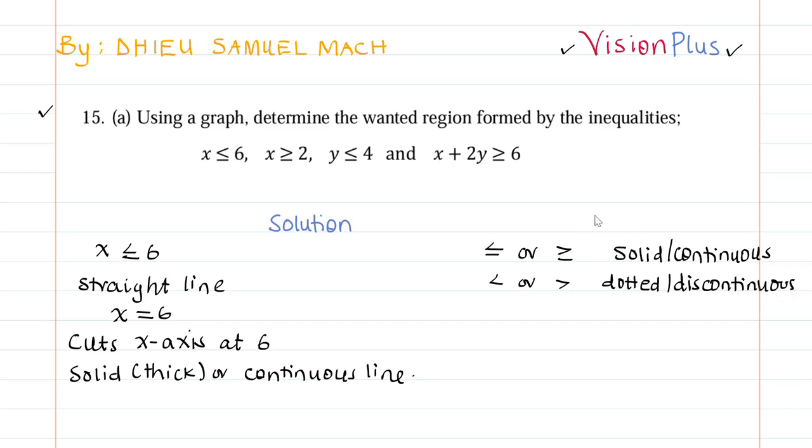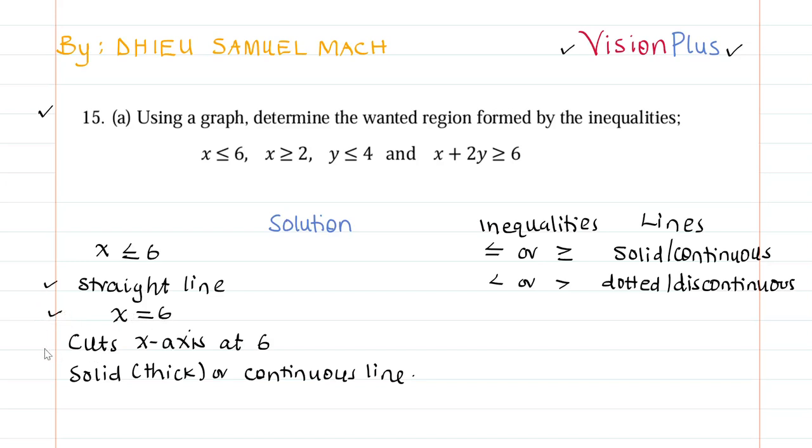So this is how we get the lines. These are the lines, these are the inequalities, and that is the nature of their lines. So for x is less than or equal to 6, we have said it is a straight line, and x is equal to 6.